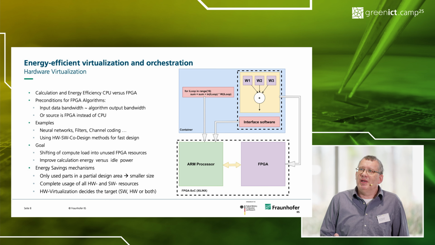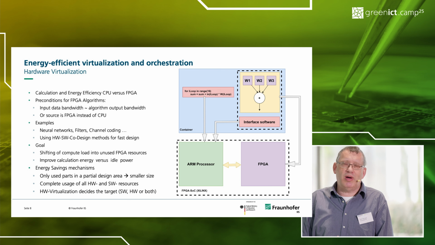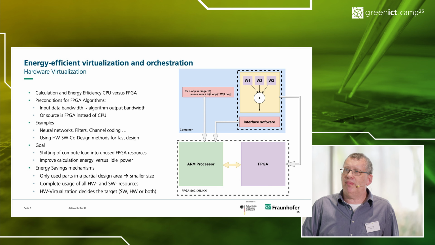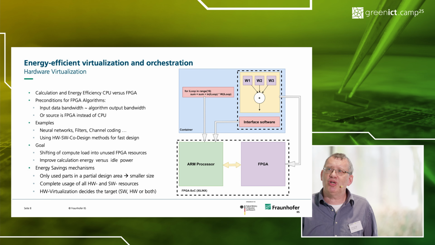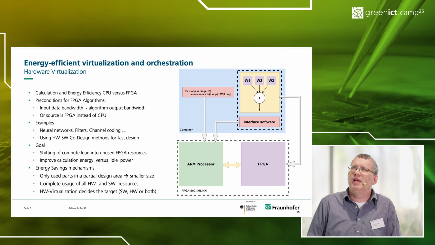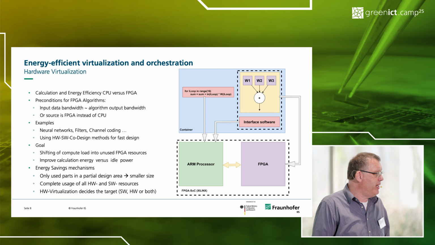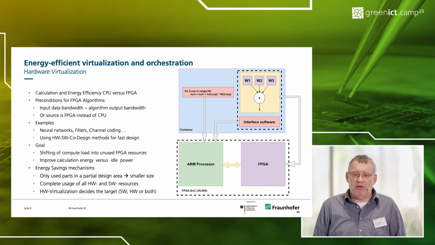And if you have FPGA resources not completely used, you have free FPGA resources, then you have the possibility to implement a software function also as a hardware function, for example in the manner of a coprocessor. A typical example is a neural network.